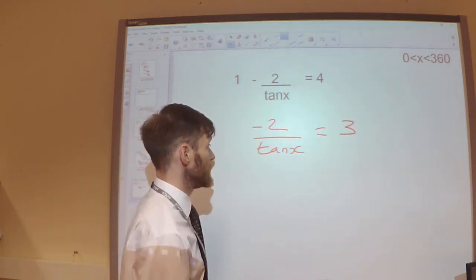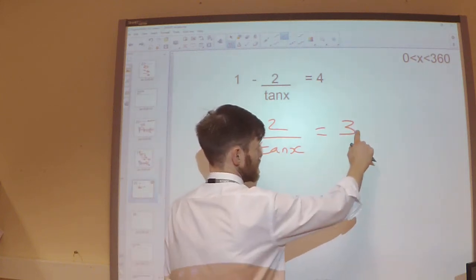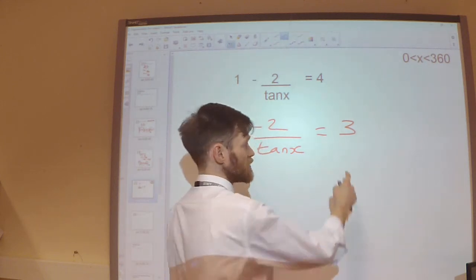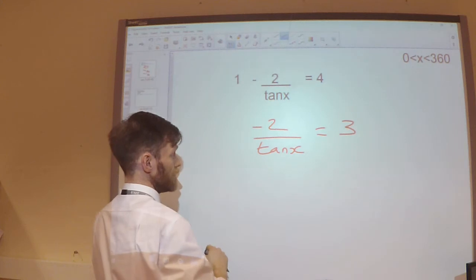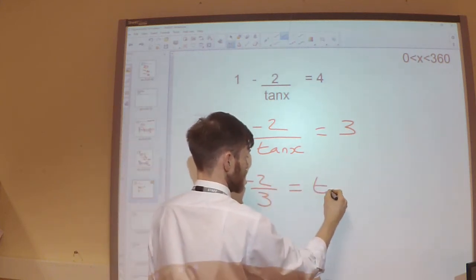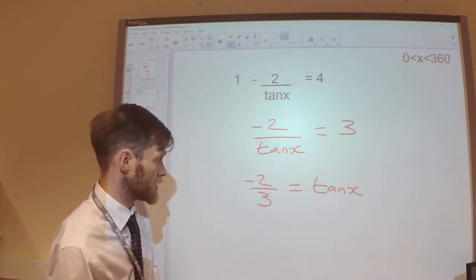I'm going to multiply both sides by the tan x. So I'm going to move the tan x to the top over here. And at the same time, I'm also going to divide by the 3 to move the 3 down here. So I'll get that tan x is equal to minus 2/3.